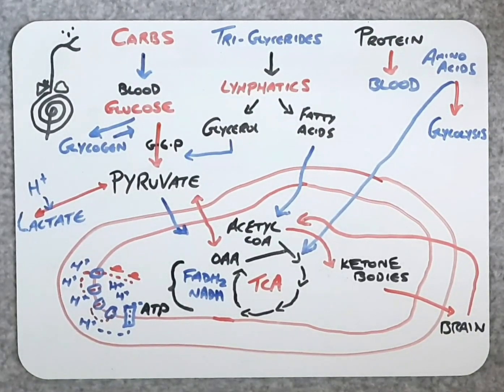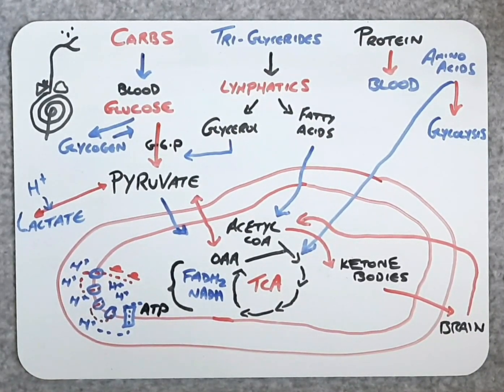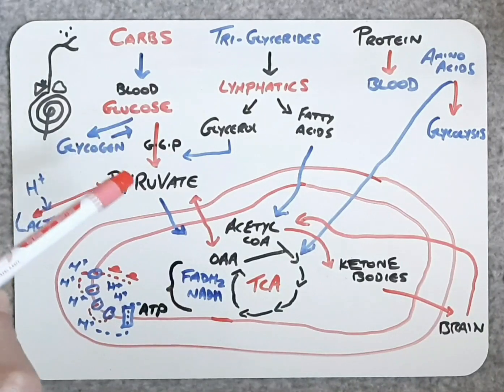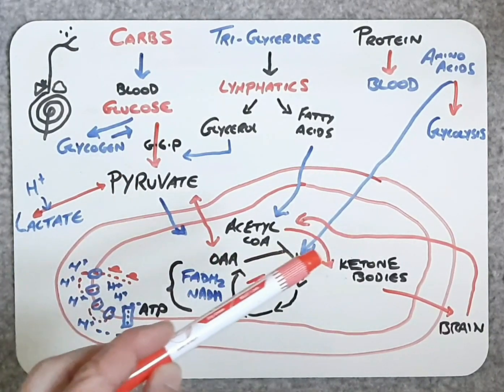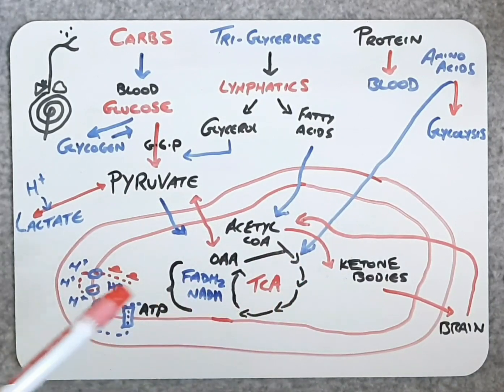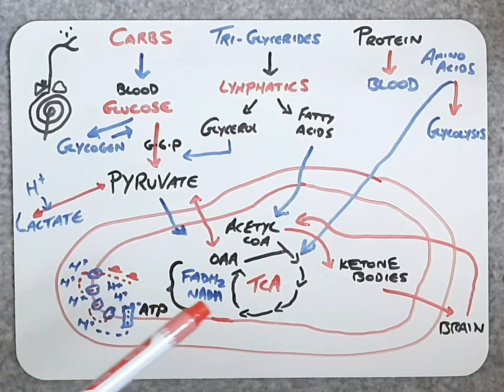But there's one other thing on this side of the diagram to touch on, which is the lactate. I should have said that all of this happens in the presence of oxygen. Oxygen is needed for all the chemical bond breaks, all of the oxidative phosphorylation.